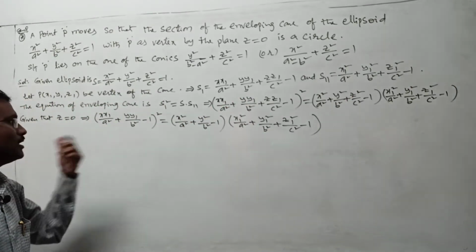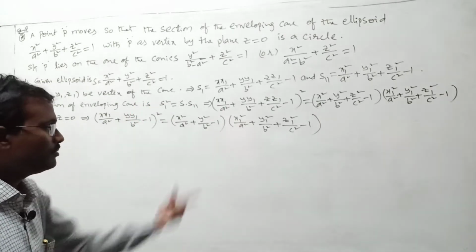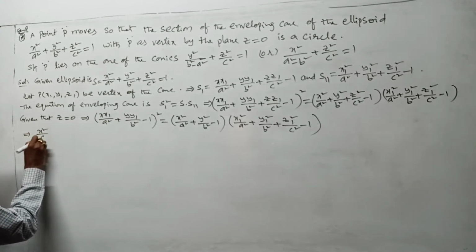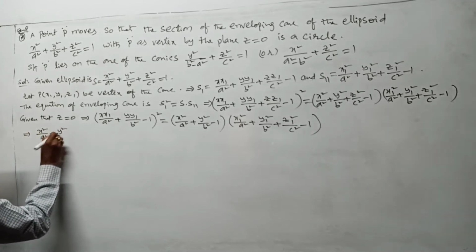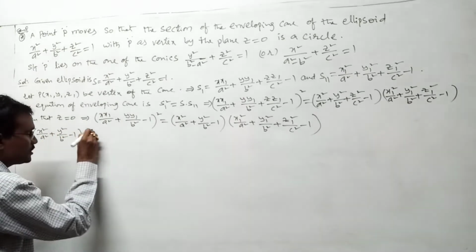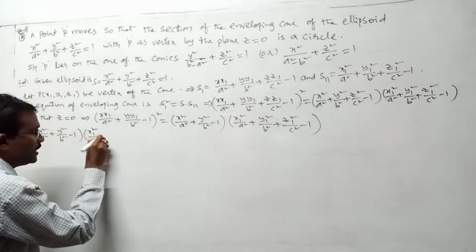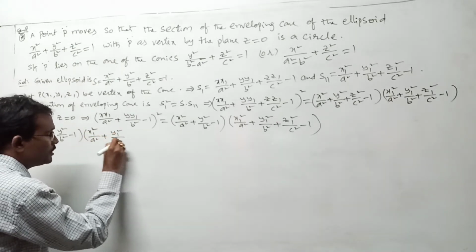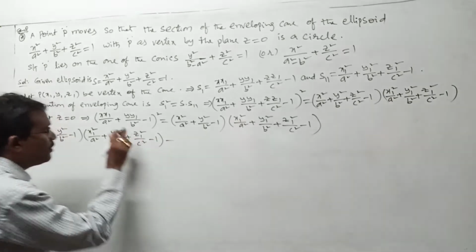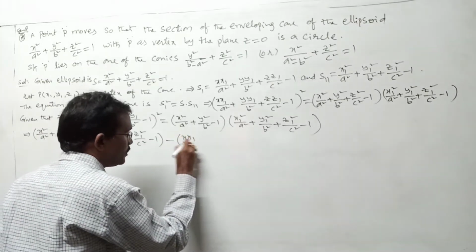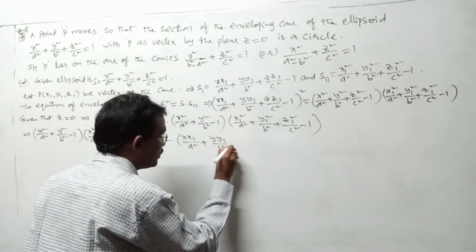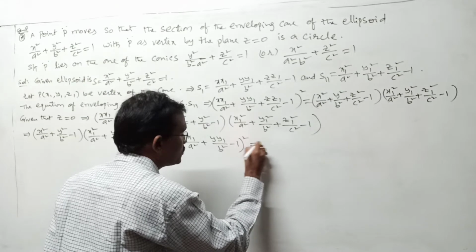In the next step, let us take the total term to the other side. I mean, this minus this I am writing. This implies (x square by a square plus y square by b square minus 1) into (x1 square by a square plus y1 square by b square plus z1 square by c square minus 1) minus (x x1 by a square plus y y1 by b square minus 1) whole square is equal to 0.